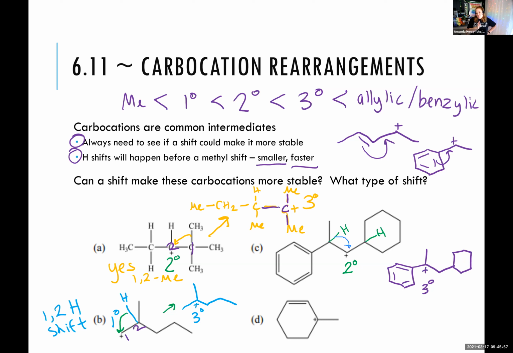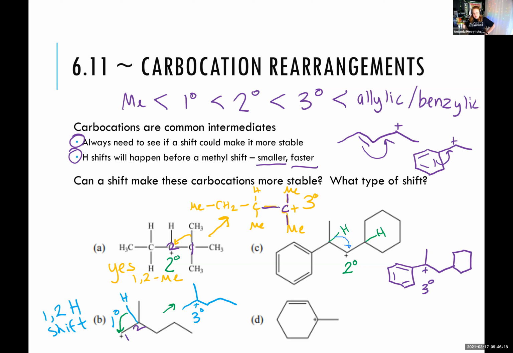Why does this tertiary one form? Why does this hydride shift happen, but the other one doesn't? Because the other one is attached to a benzene ring, or just like a ring in general.